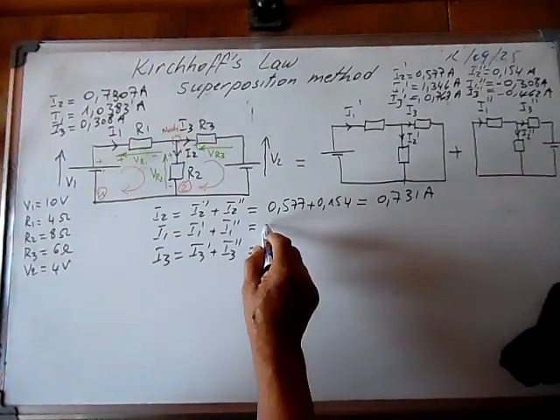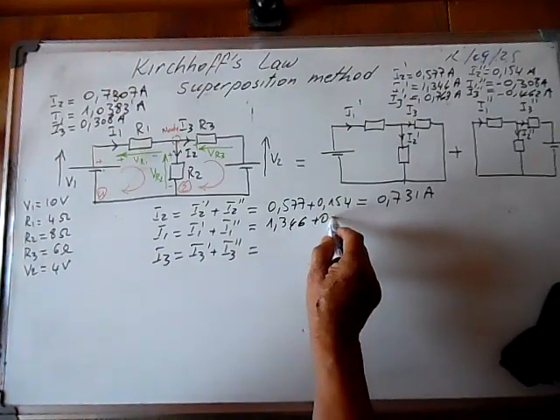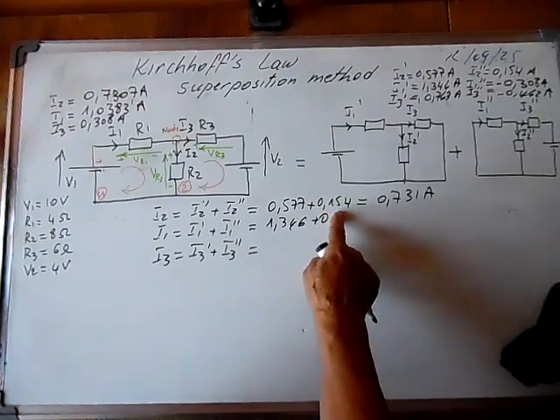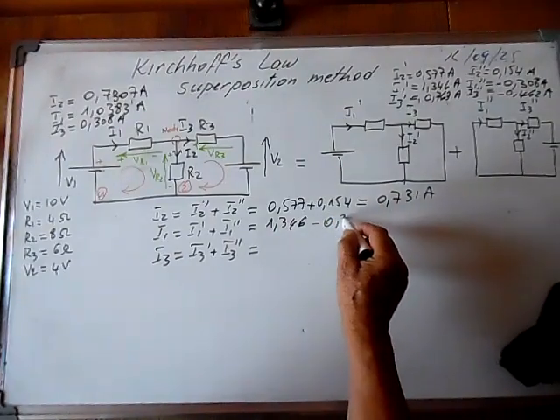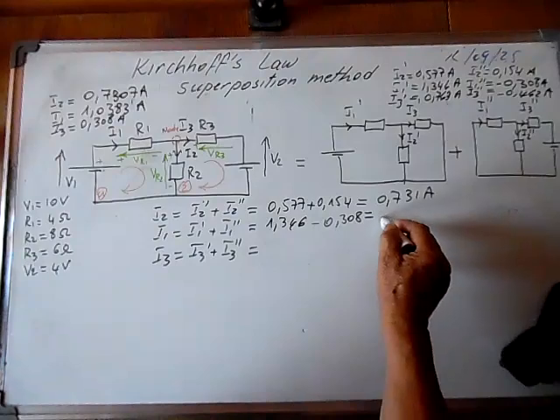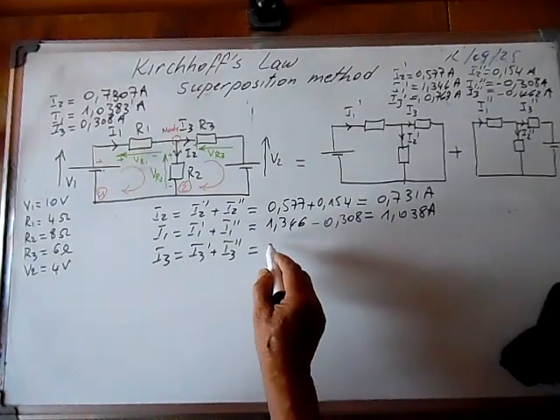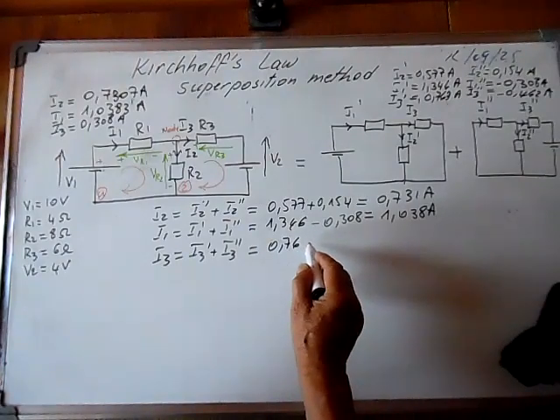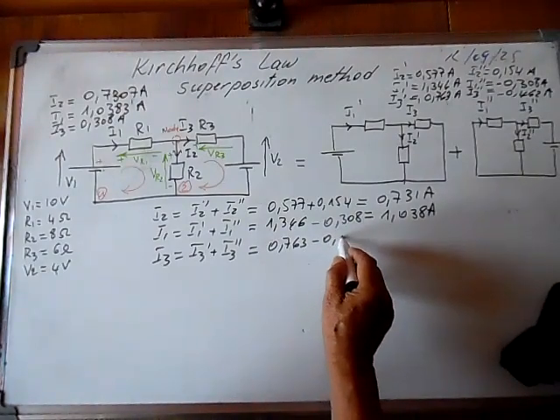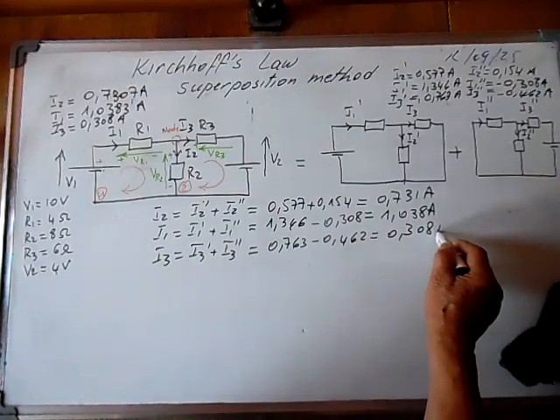I1 prime is equal to 1.346 plus 0.1 minus 0.308, and the result is 1.038 amps, and I3 is equal to 0.769 minus 0.462, and this is 0.308 amps.